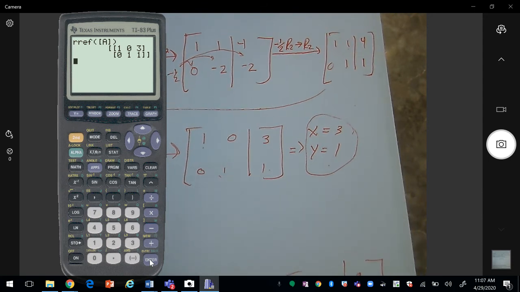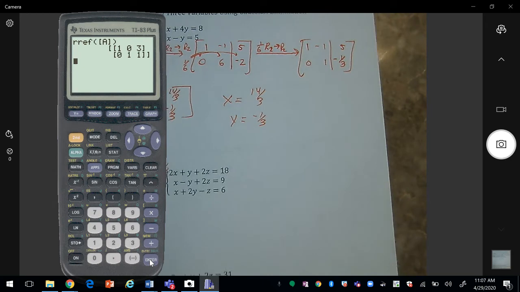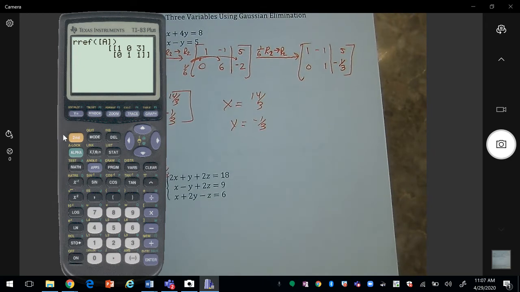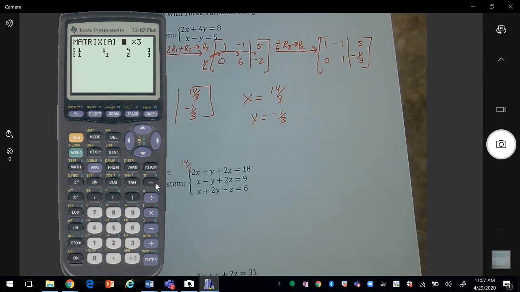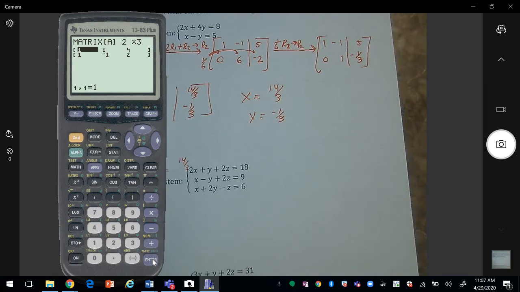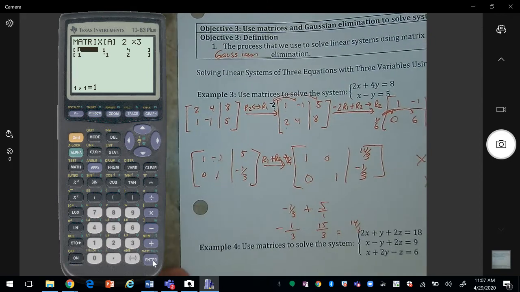Okay, so let's go ahead and enter the previous one we did. So let me go second quit. I'm going to do second matrix. And I usually just stick with letter A, and I just change it there. So in this one, it's a 2 by 3 as well. And my numbers are 2.